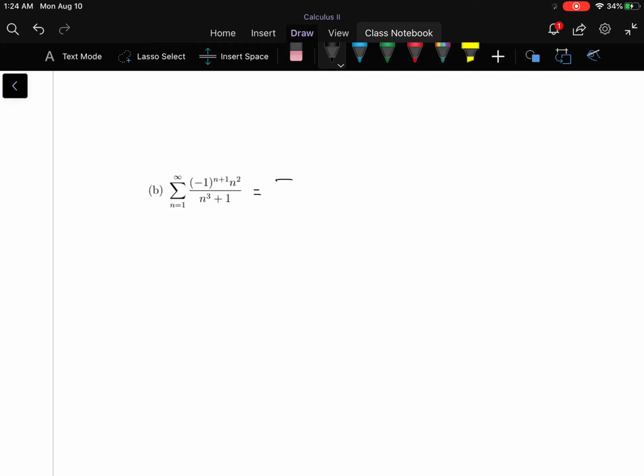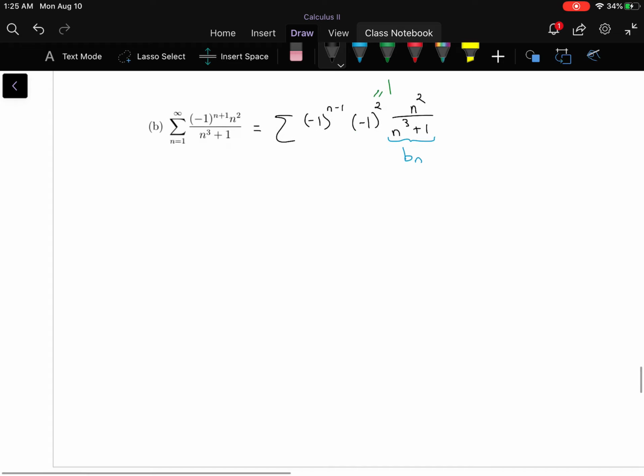We want to put this (-1)^(n-1) term, which means we had a (-1) squared in there, and that is just going to be 1, and then you have n squared over n cubed plus 1, and this part is our b_n. This term is just 1.